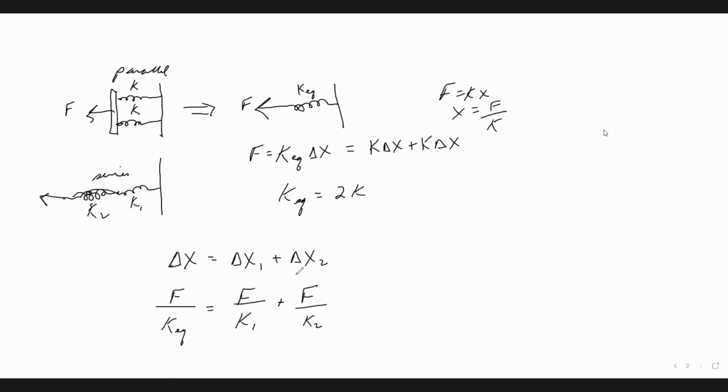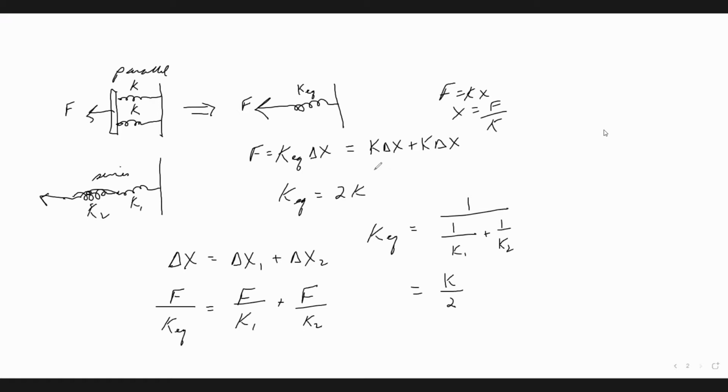So now my equivalent spring constant is given by 1 over K equivalent equals 1 over K1 plus 1 over K2. Now, if K1 and K2 are the same, then K equivalent is simply K over 2.